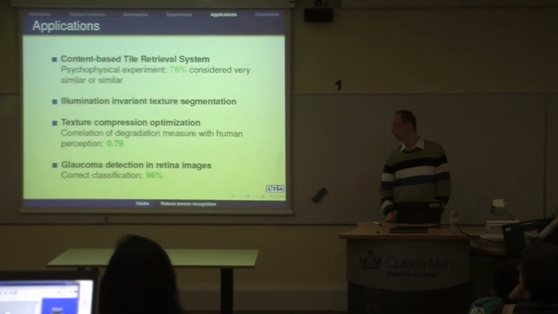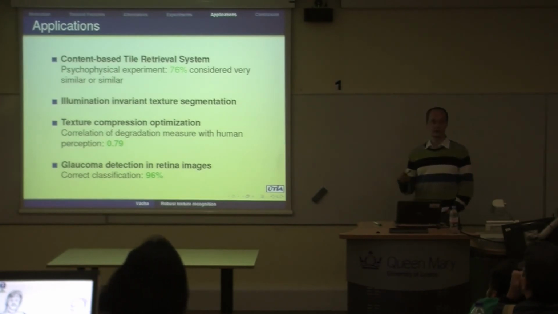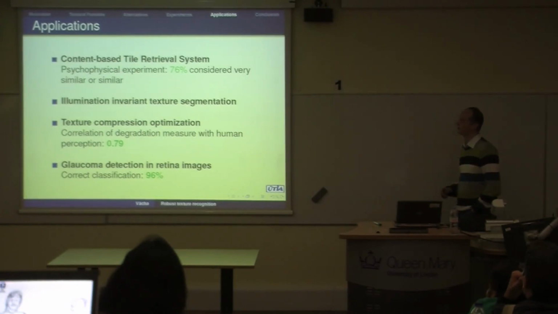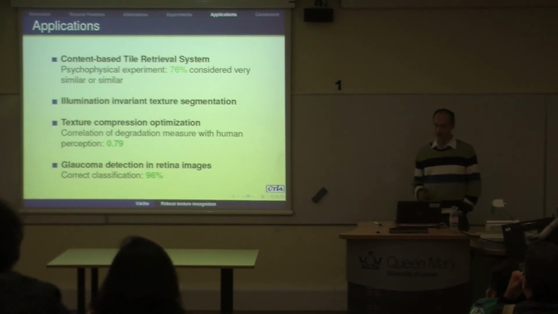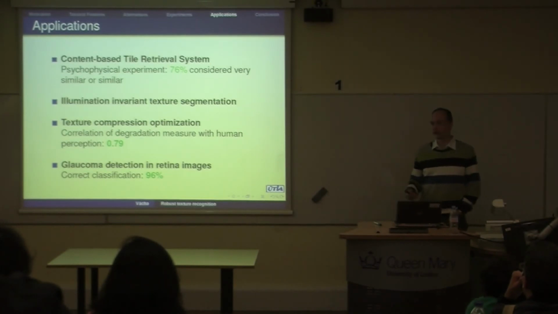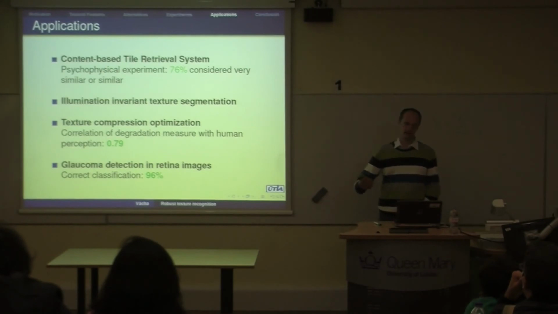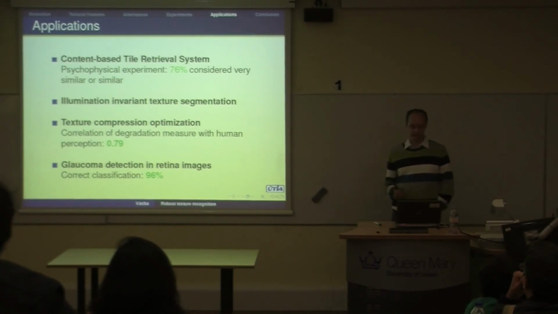So that was for the results. We applied our features in different applications. The first one was a kind of toy application for content-based retrieval of ceramic tiles. The idea was simple. Maybe if you want to choose tiles for your bathroom, and you are looking at some ceramic tile, you may also like a tile with a similar color or a similar style and texture, and the system was trying to help with that.